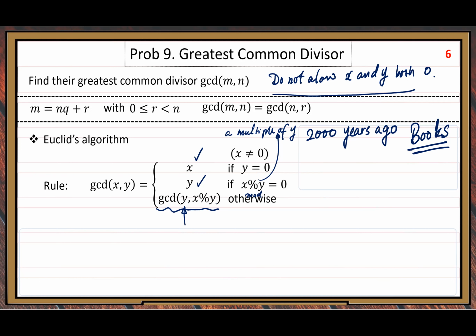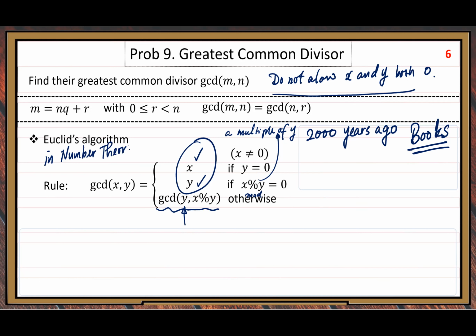And we keep doing this until we get to the base cases, because finally we need to get to one of the two base cases. So we stop. All right, that's the famous Euclid's algorithm, very important and fundamental in number theory.